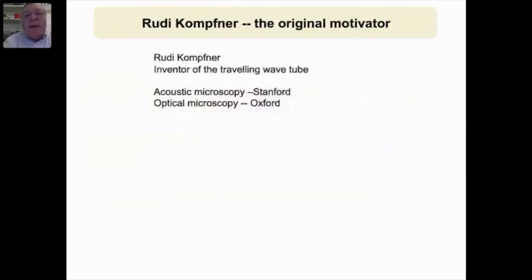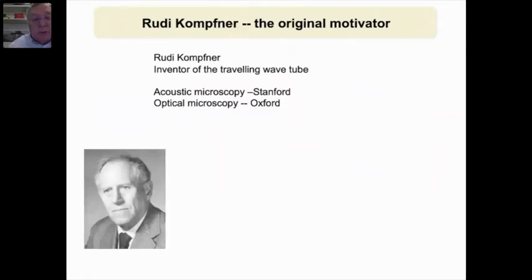So the man behind the work in Oxford was a chap called Rudi Kompfner. He's the man who invented the traveling wave tube. And after his career in Bell Labs, he took 2 jobs, one where he spent the English winter in Stanford, where he worked on acoustic microscopy, and one where he spent the English summers in Oxford, where he started our work on optical microscopy.